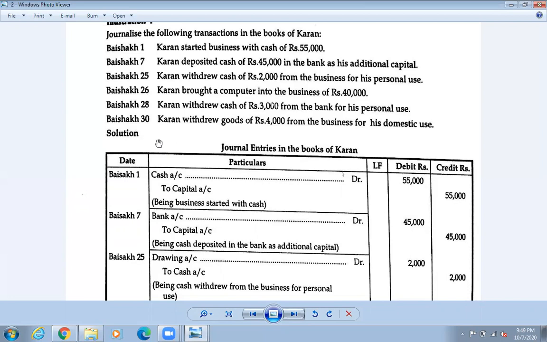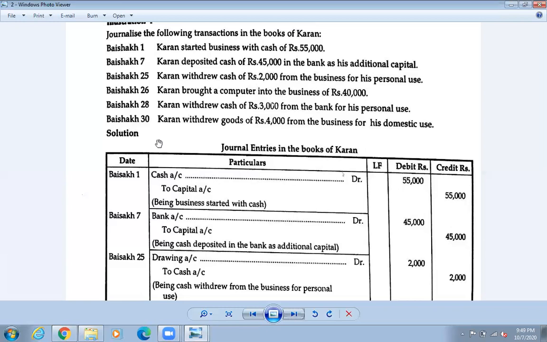So if we can take out the money from your company, then what do we call it? We call it drawing. Drawing. DRAWING. Drawing is not about making art, sir. In accounting, drawing means to take out your own money from your business.